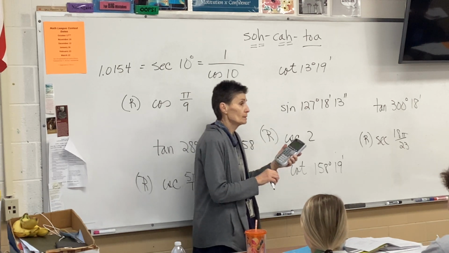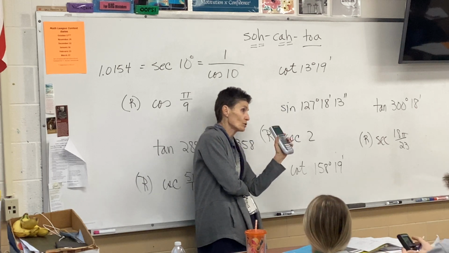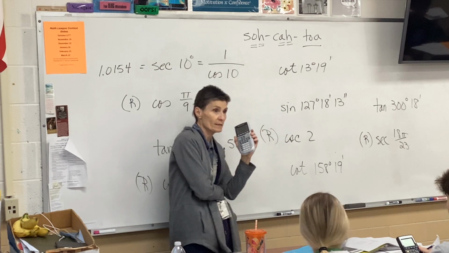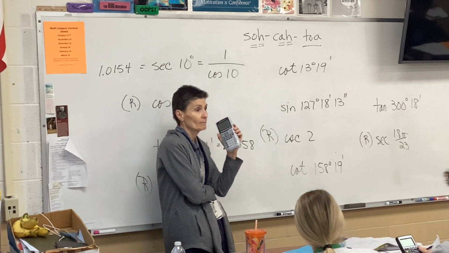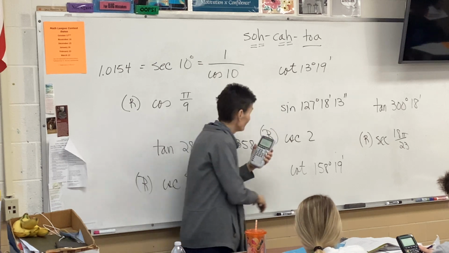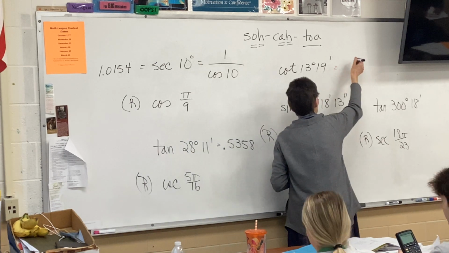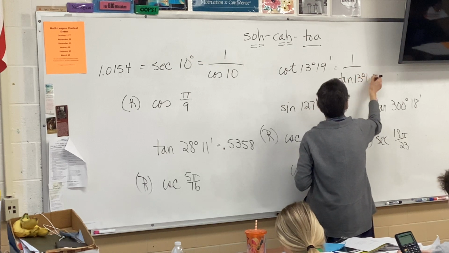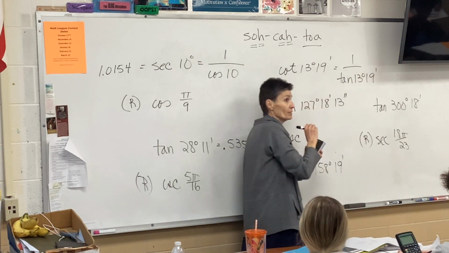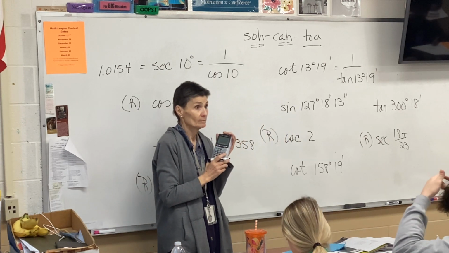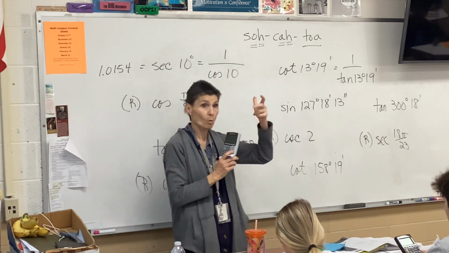Time out. I do not have a cotangent button. So how do you think I'm gonna put a cotangent into my calculator? 1 divided by tangent. Very good, Daryl. Because isn't cotangent the reciprocal of the tangent, and reciprocal means 1 over.